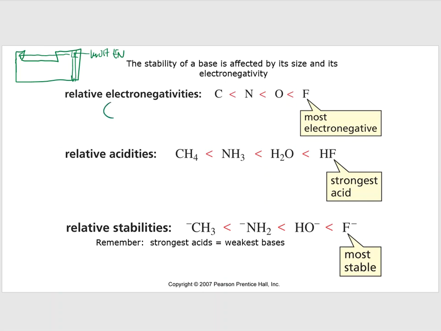Keep in mind that electronegativity, as a review, means electron greedy. So how greedy are you with the electrons? How bad do you really want them? And fluorine has the highest electronegativity, so that means that fluorine is the most greedy out of the bunch.